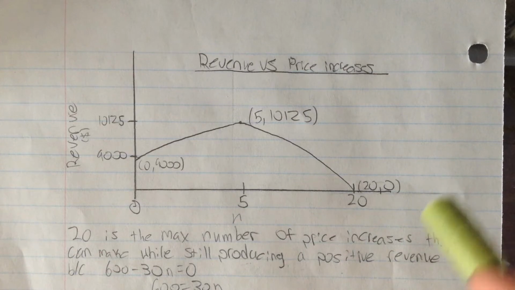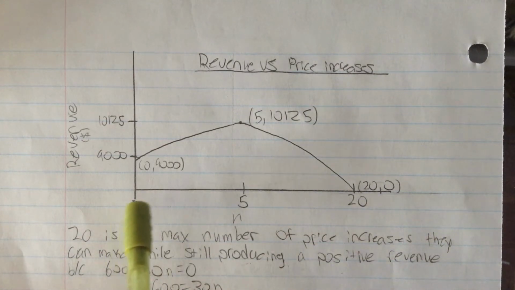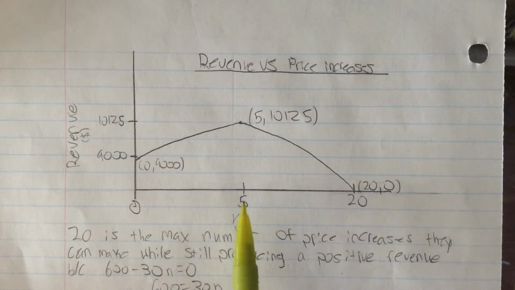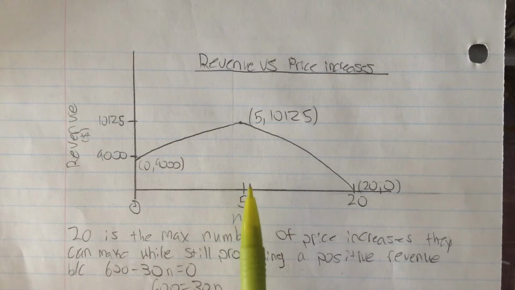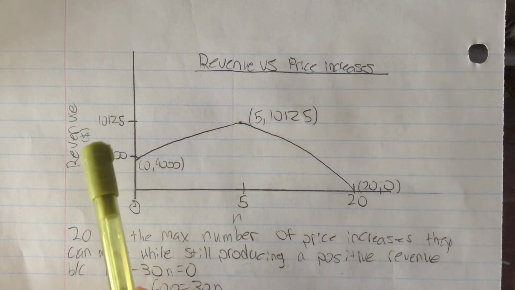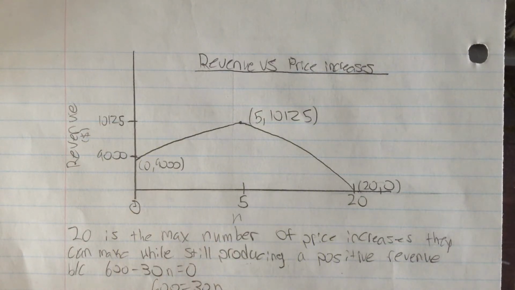Here we can see that this is the same as what we just determined algebraically, because at 0 price increases our revenue is $9,000, and at 5 price increases we can see that is the maximum amount of revenue that this company can possibly make, and it occurs at $10,125.